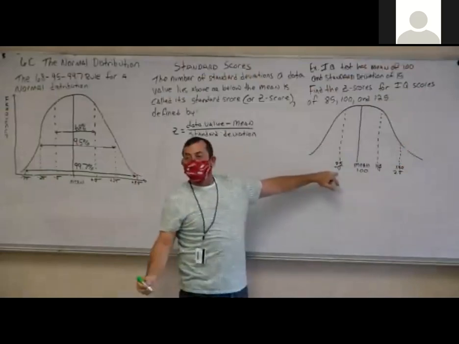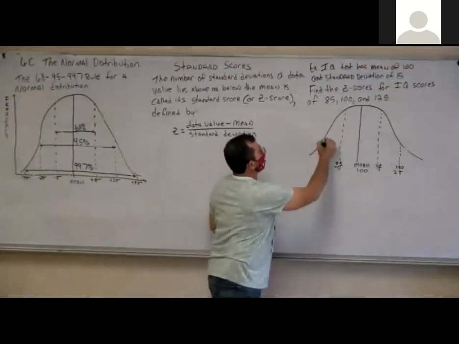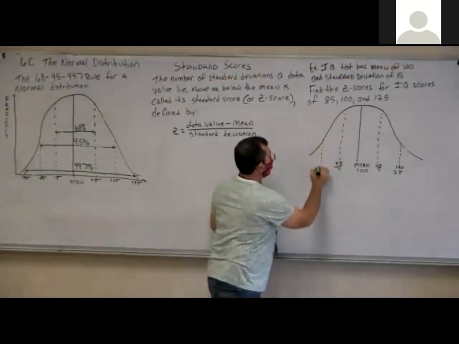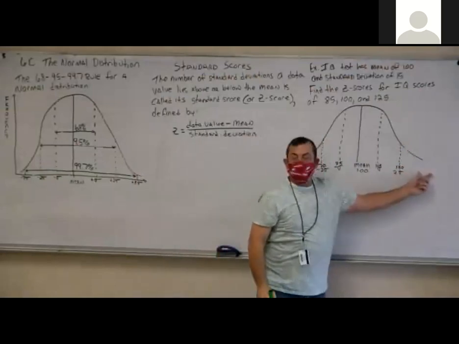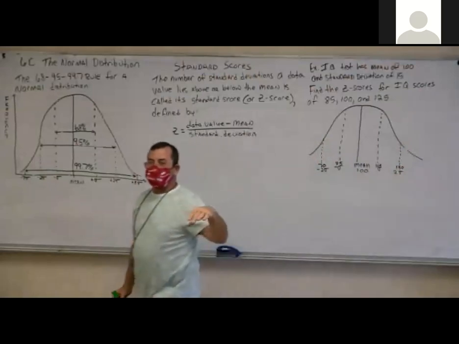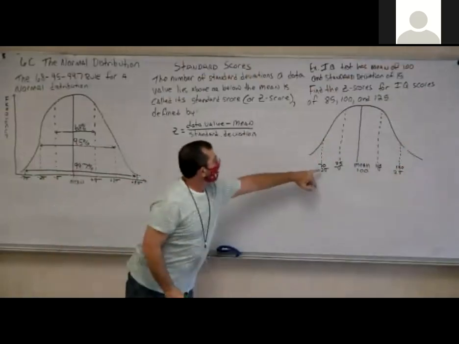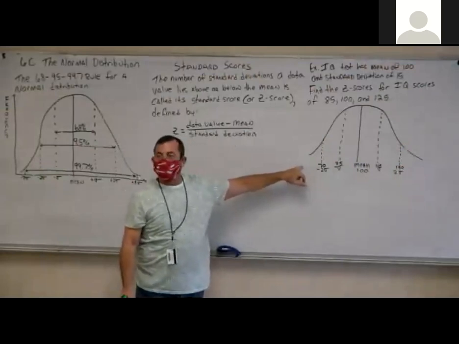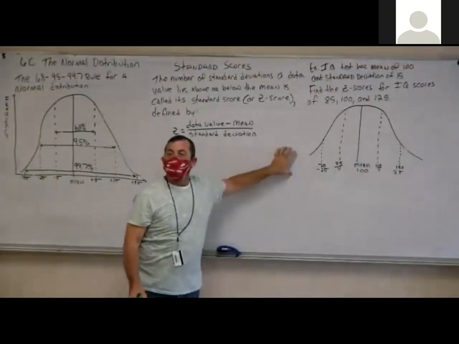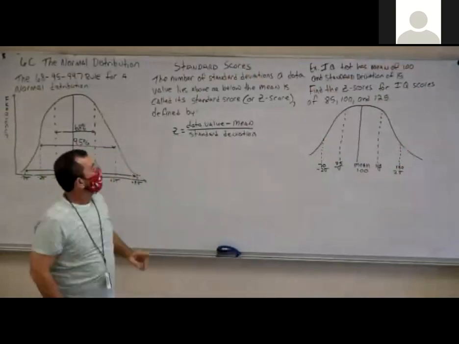And then what's 85 minus 15? That would be minus 2 standard deviations. And then I could keep going, right? 3 standard deviations would be 145, adding 15. And then minus 15 from that would be 55 or so, which would be negative 3 standard deviations.